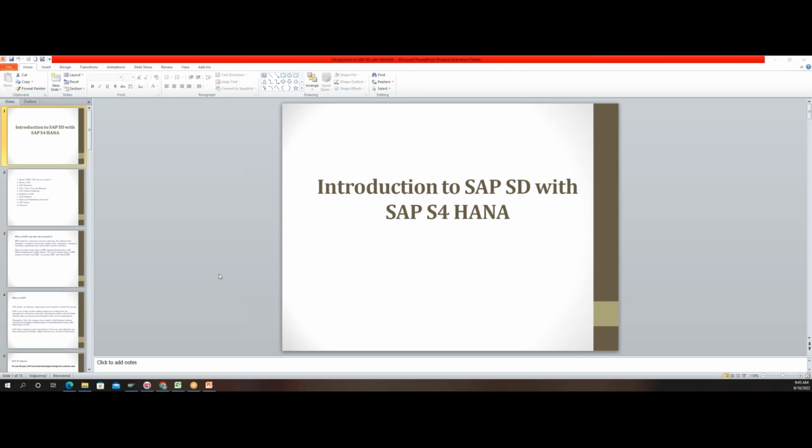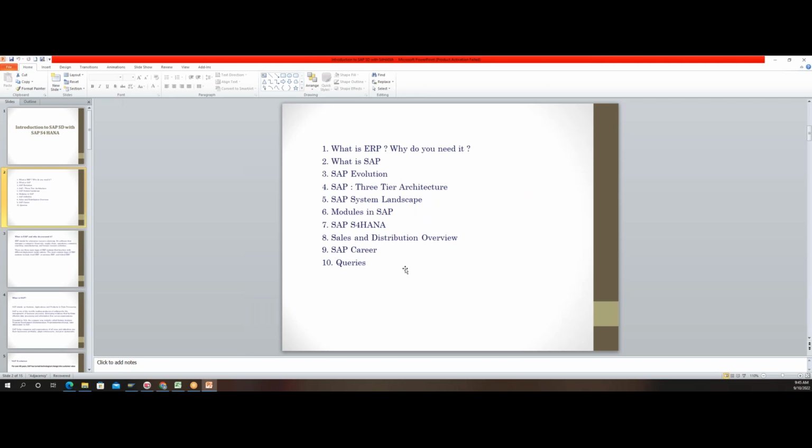However, let's proceed with the session today. Today we will be covering the introduction to SAP SD with SAP S4 HANA. The agenda of today's slides is: what is ERP and why do we need it, what is SAP and how SAP has evolved so far.